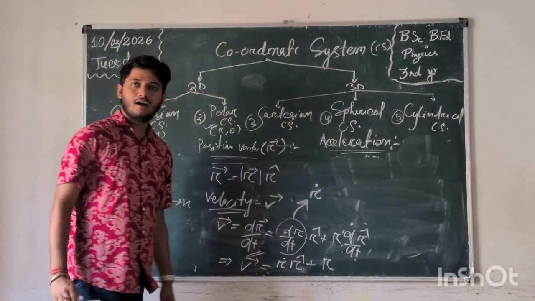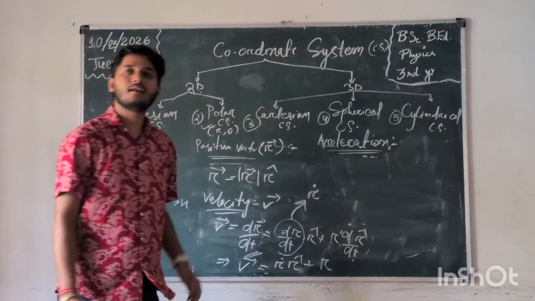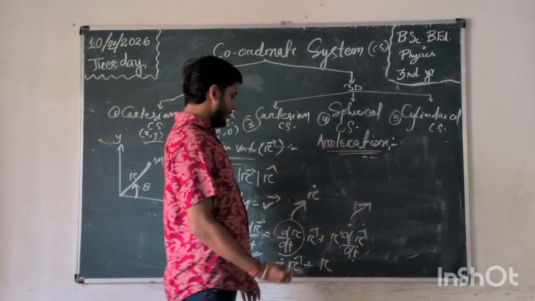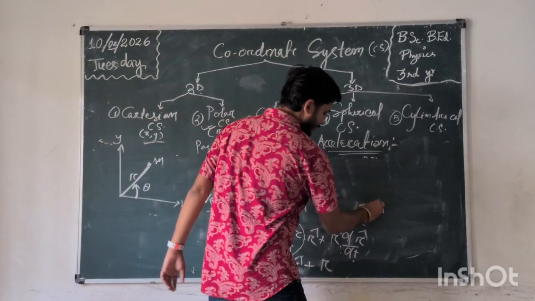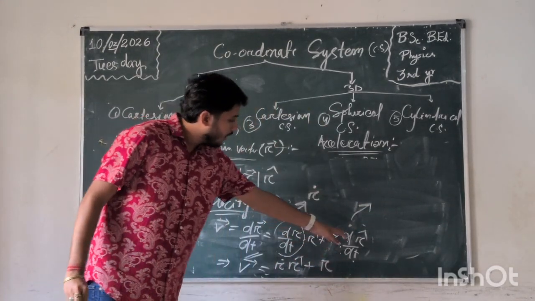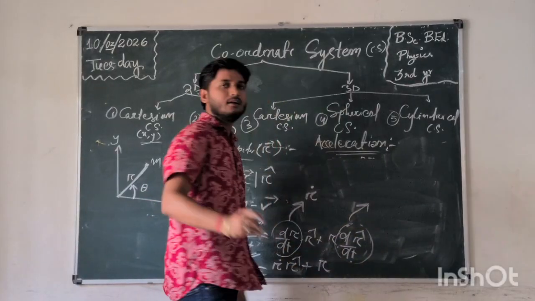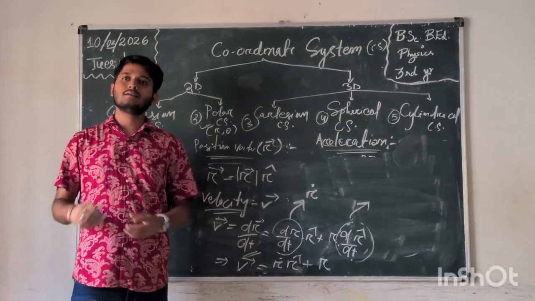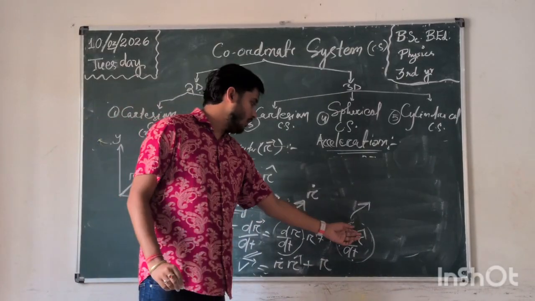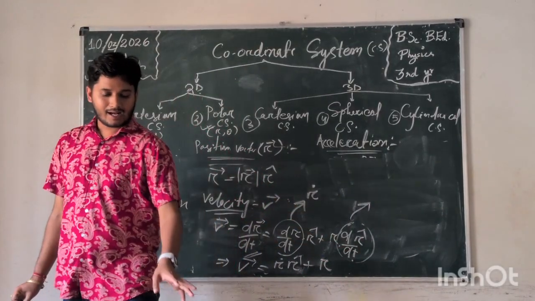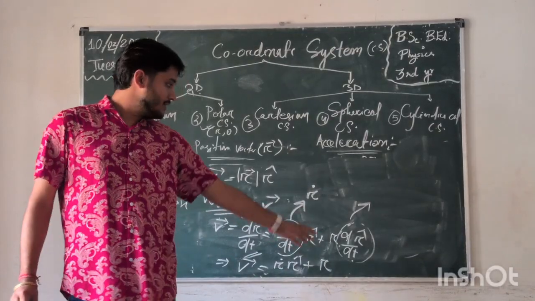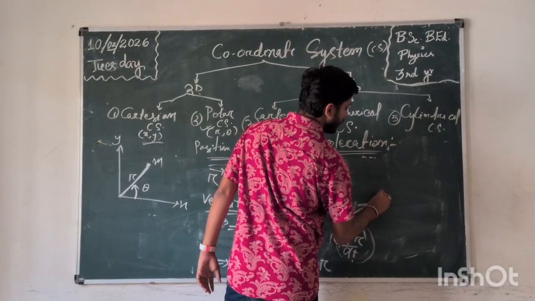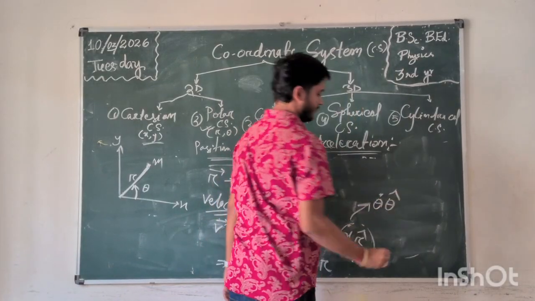So what is the final result for this expression? This is a long derivation. The derivation is not included in our syllabus. At MS level we can go through this derivation, but the final expression I am writing: d r cap by dt is theta dot theta cap.